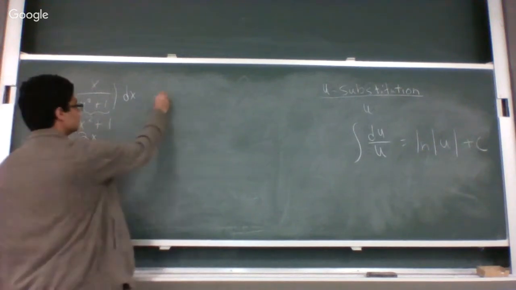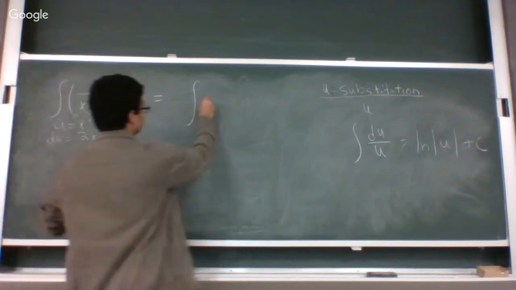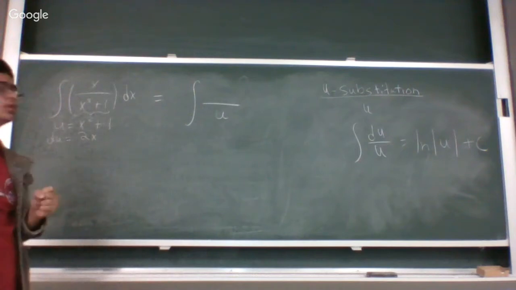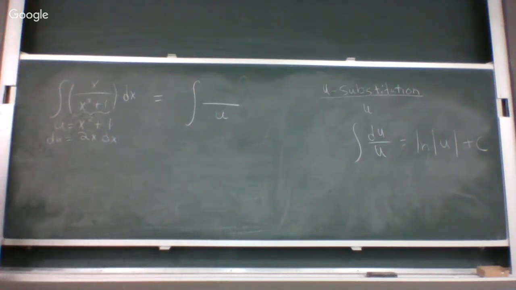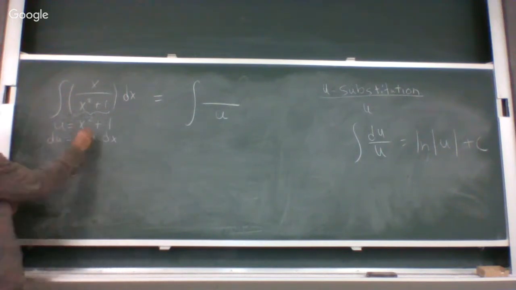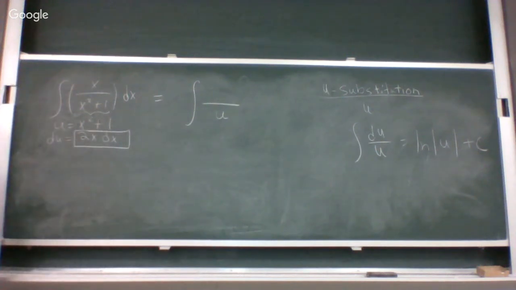That's what we need to do here. We have the integral. So now we made the denominator a u. On the top, there's a dx here. On the top, we want a du. A du is equal to 2x times dx.